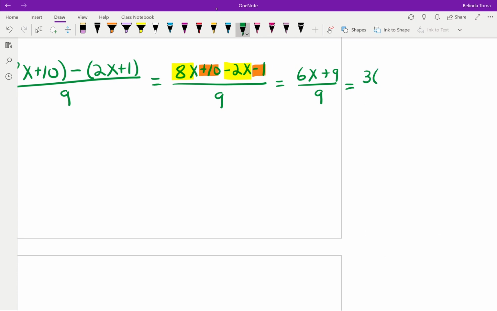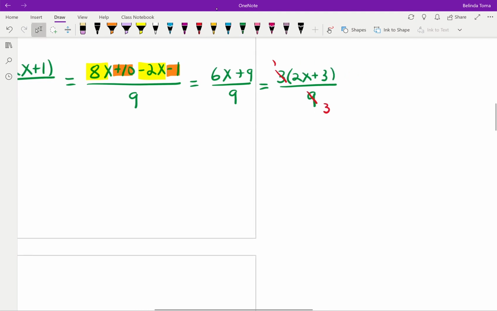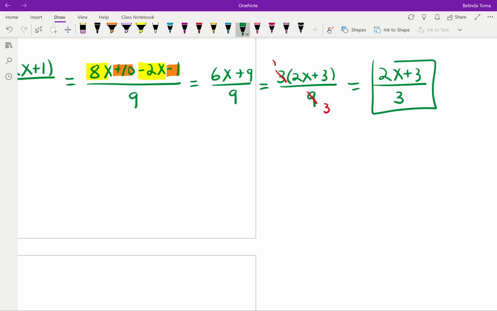Here in the 6x plus 9, we have a common factor of 3. If we take that out, then we can go ahead and reduce because 3 and 9 have common factors. Our final answer in this case will be 2x plus 3 over the denominator of 3.